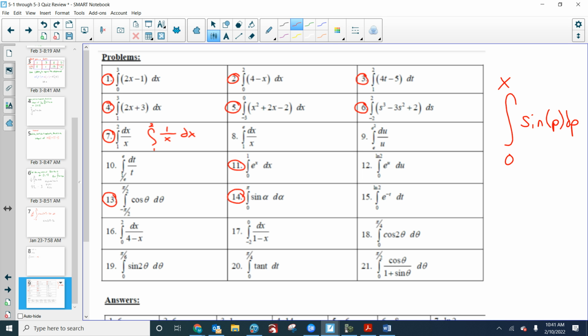Tyler? Yeah, B minus A. Don't just put an x in there. I was trying to trick him. He's unflappable. He's unable to be flapped.